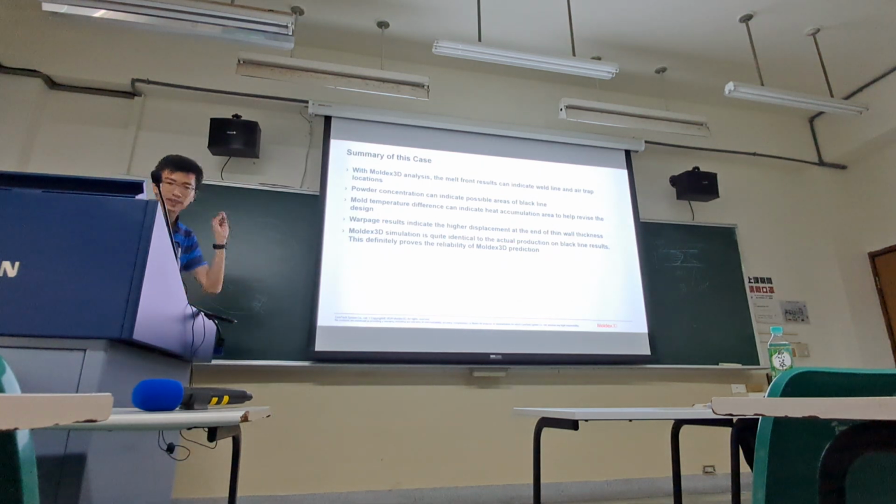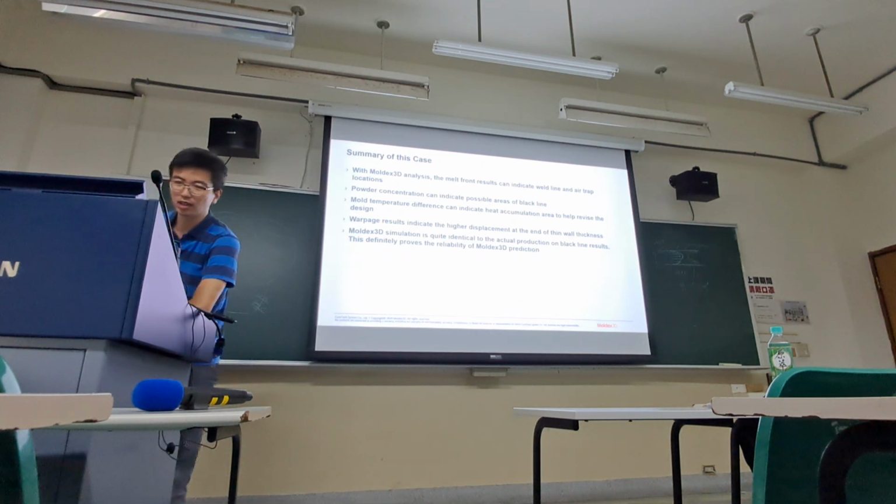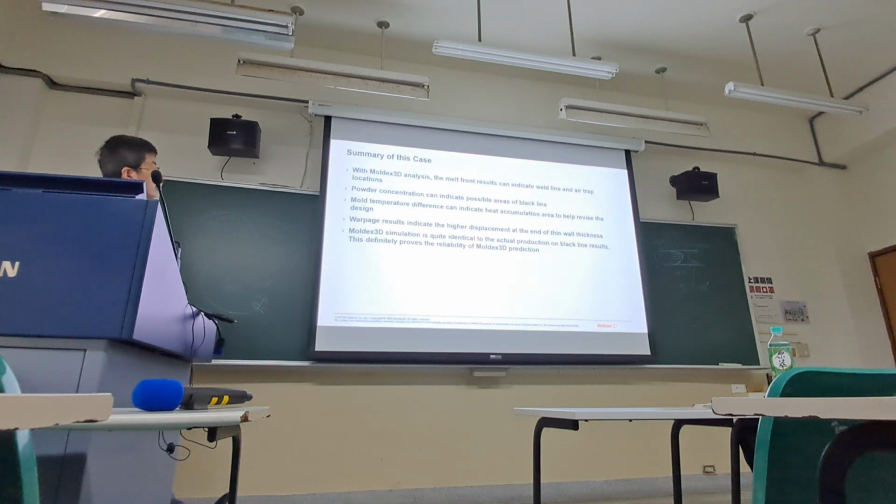So for this case, here's the summary. The software can help you know how the melt advances, right? And show you the weld line, and maybe some air will be trapped in those regions.